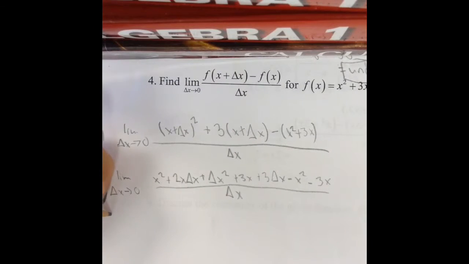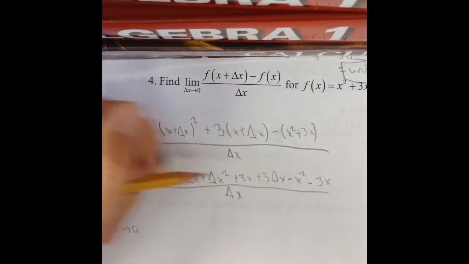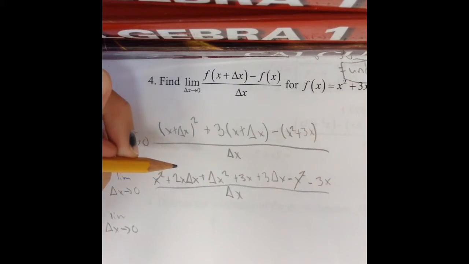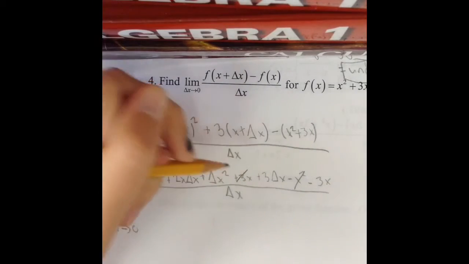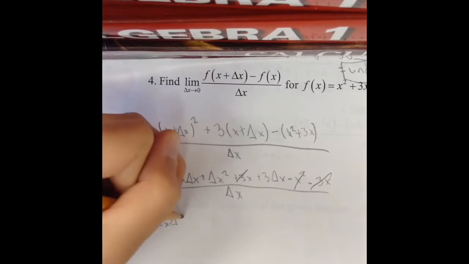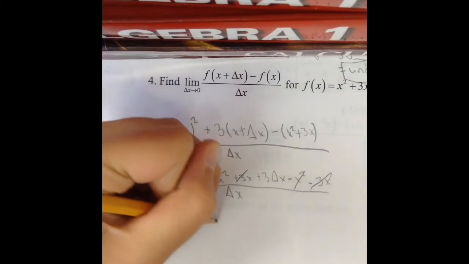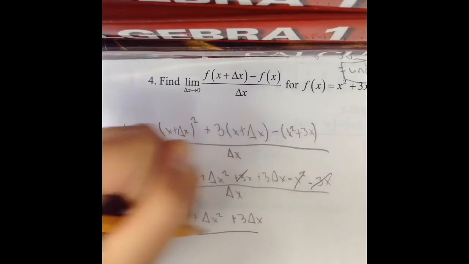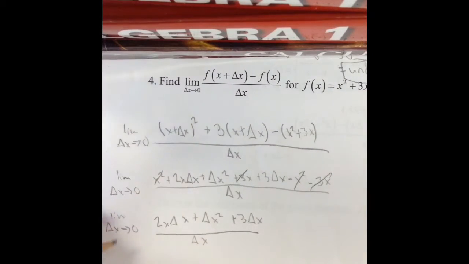And we can simplify this more. So we see our x squared cancel out, as well as our 3x's. So that is 2x delta x plus delta x squared plus 3 delta x over delta x.